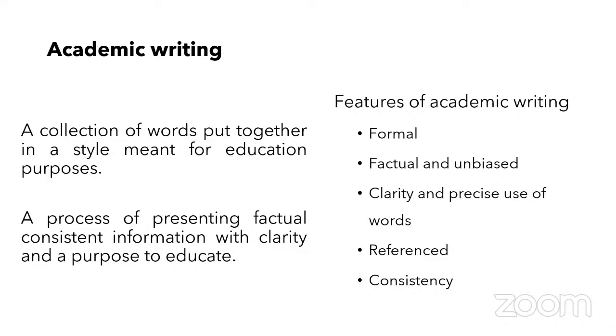You don't use colloquial language. You don't use common words. And when I say we don't use common words, what that implies is that in your field, the way certain words are used, you have to master it and use it like that.